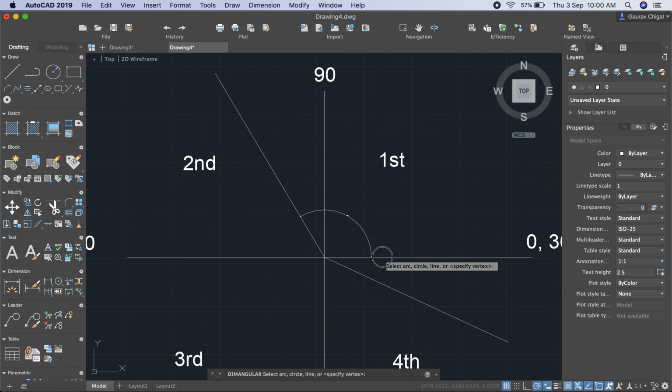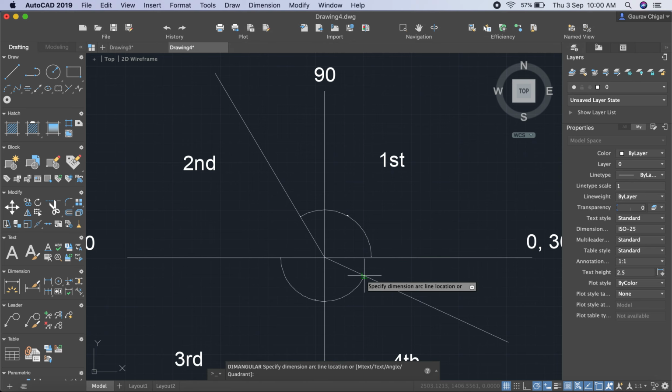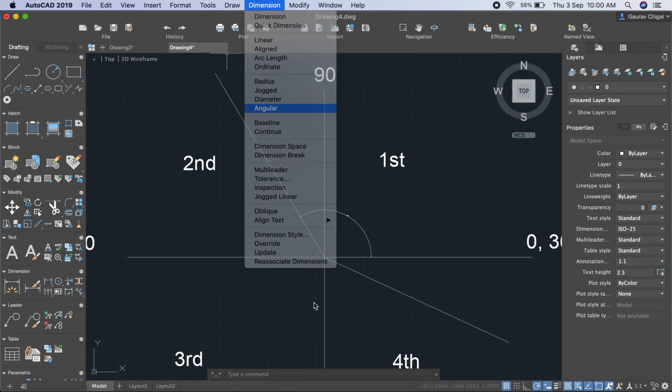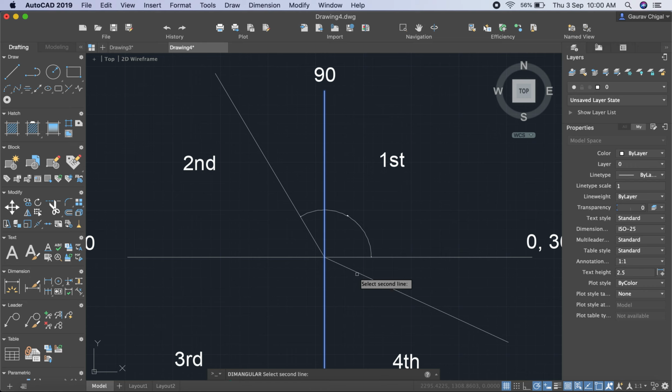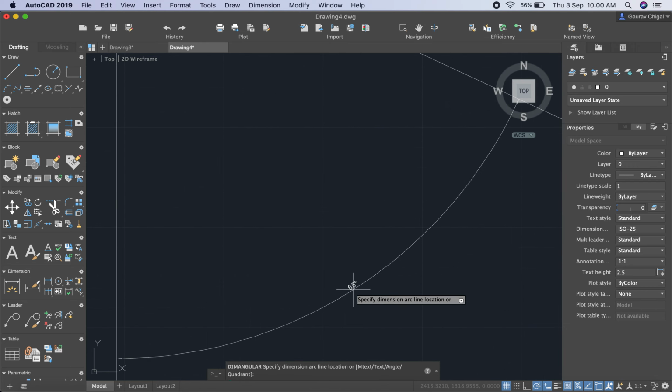This line, let me trim it. So this angle will be your 0, 90, 180, 270, 270 plus. Let me measure how much it is. 270 plus 65.